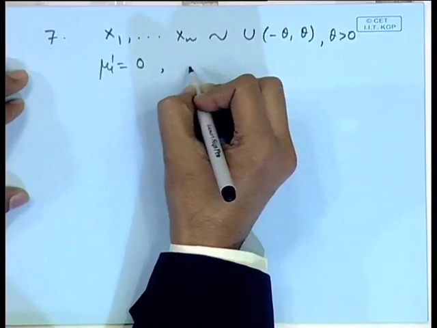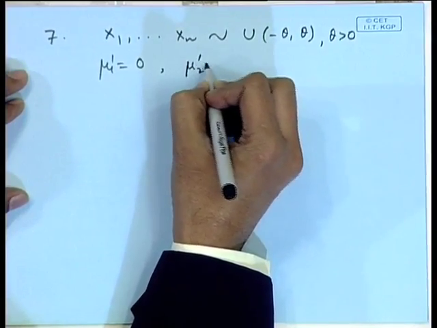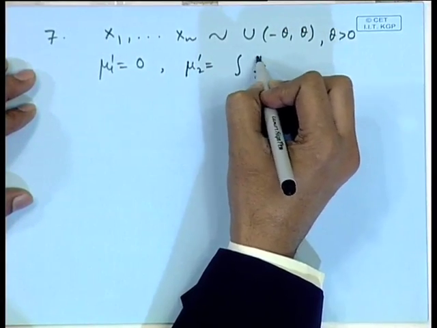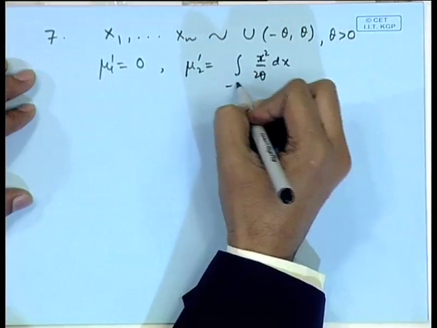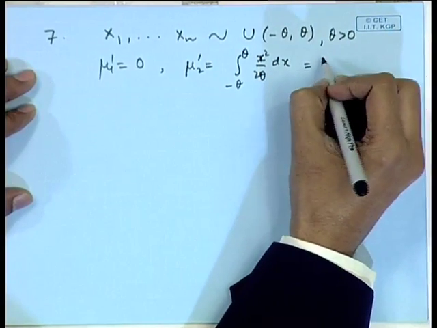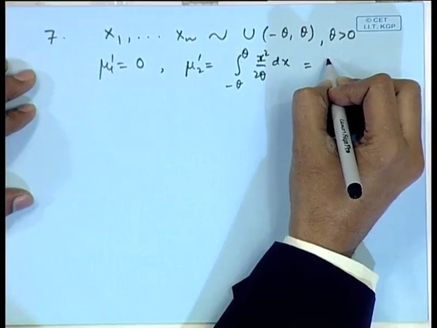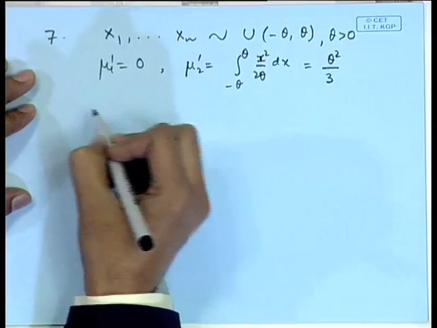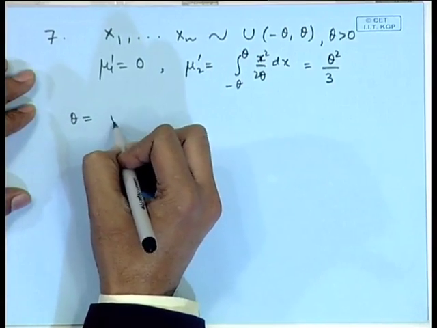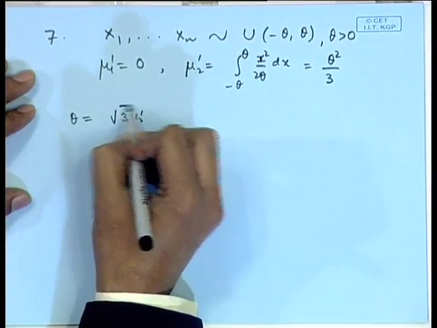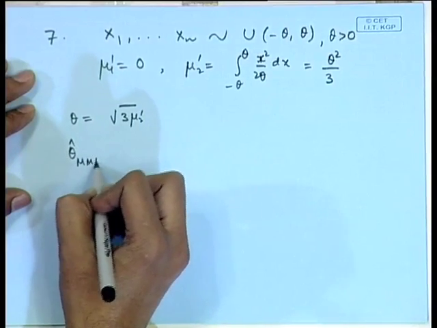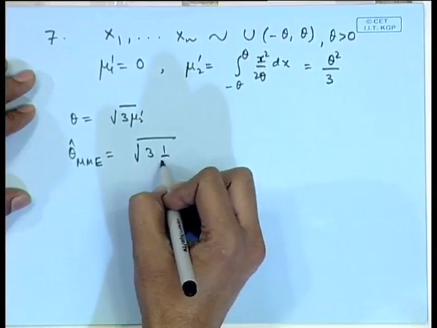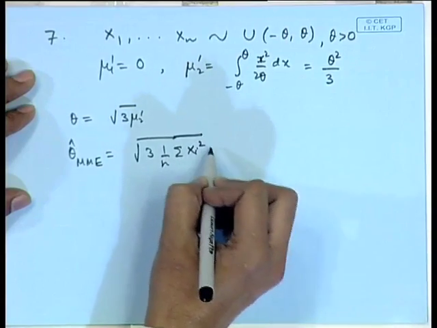However, some practical solutions can be given. We may look at mu 2 prime, that means the second moment, that is 1 by 2 theta times the integral of x square dx from minus theta to theta, which is equal to theta square by 3. So, if we make use of this, then theta is equal to root of 3 mu 2 prime, and we may use the method of moments estimator as root of 3 times 1 by n sigma x i square.